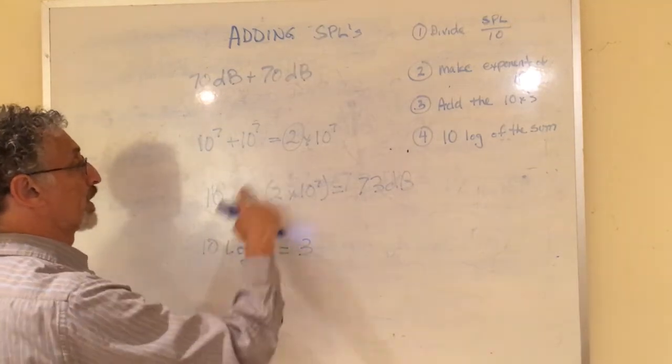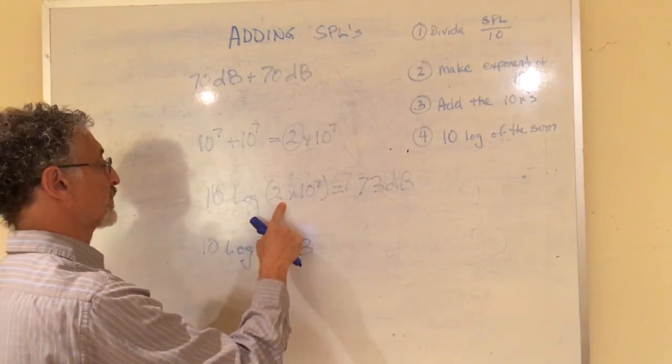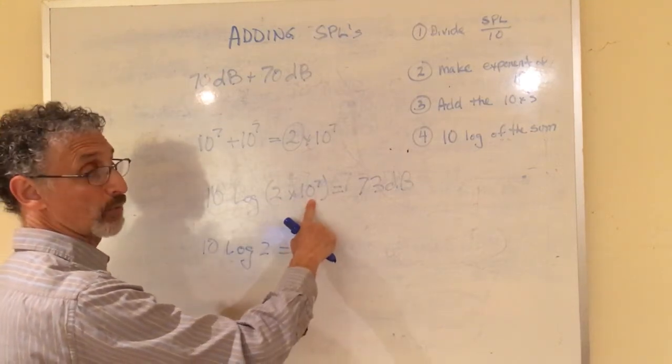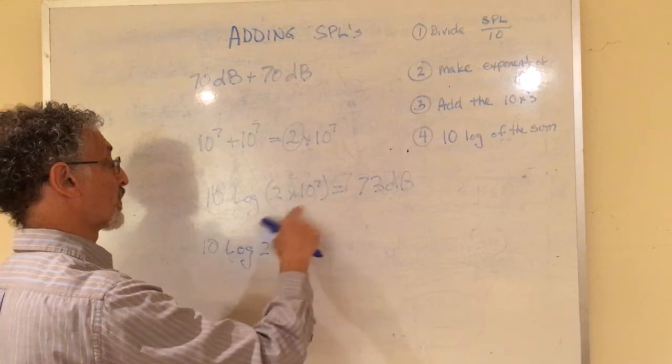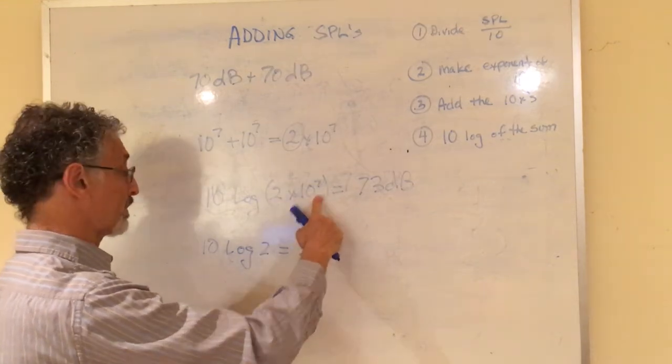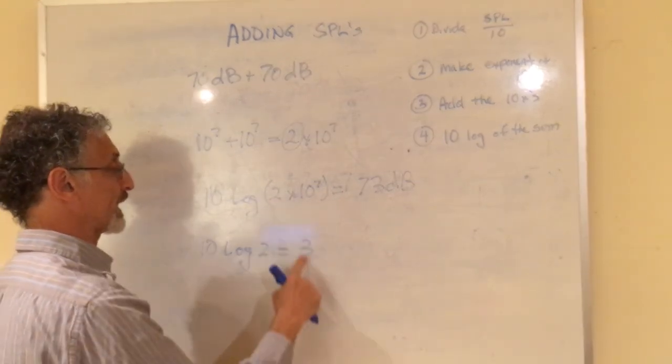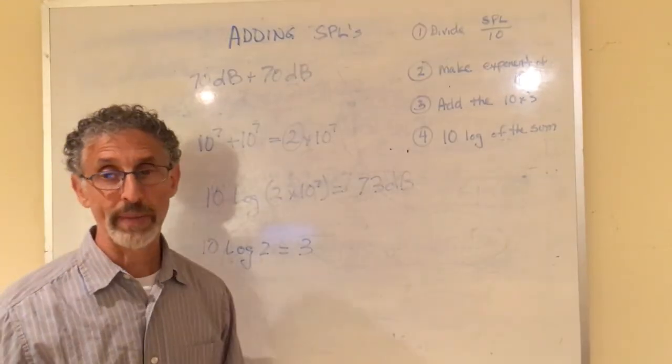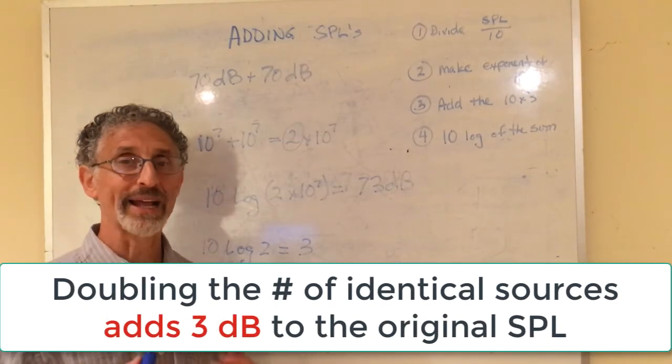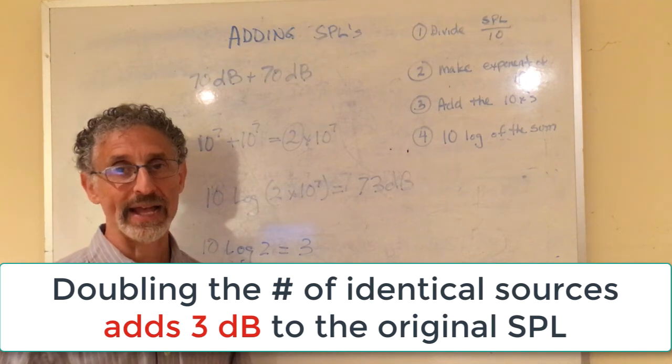And if you remember, this would be 10 log of 2 plus 10 log of 10 to whatever this is. So this is always going to end up being the same, and we're always going to be adding that 3. So remember, doubling any identical sources adds 3 dB to the one source.